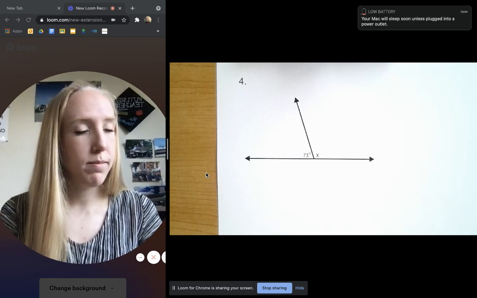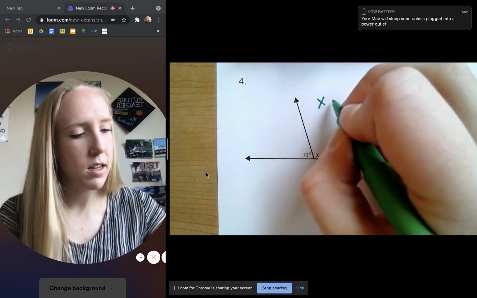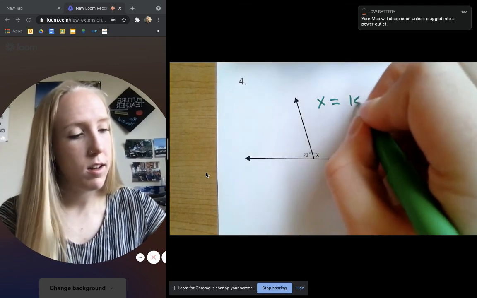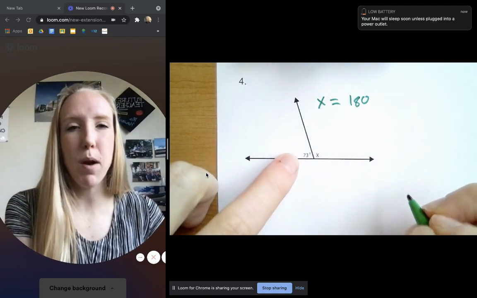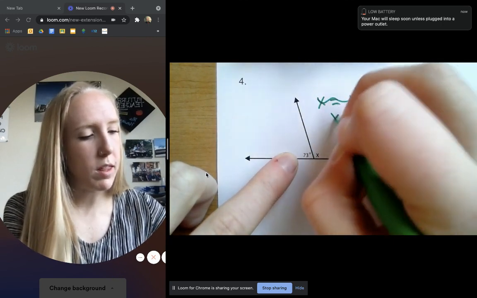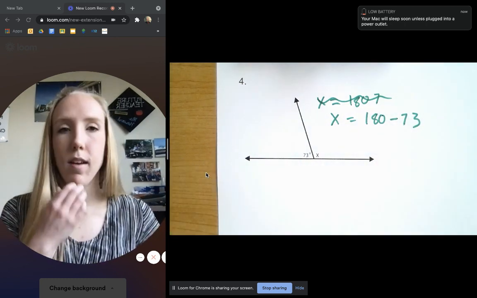Okay, hopefully you paused the video. So we're trying to figure out what x is. We know that the whole thing is 180. And we're taking away the part we know, which is 73. Let me write that nicer. 180 minus 73.